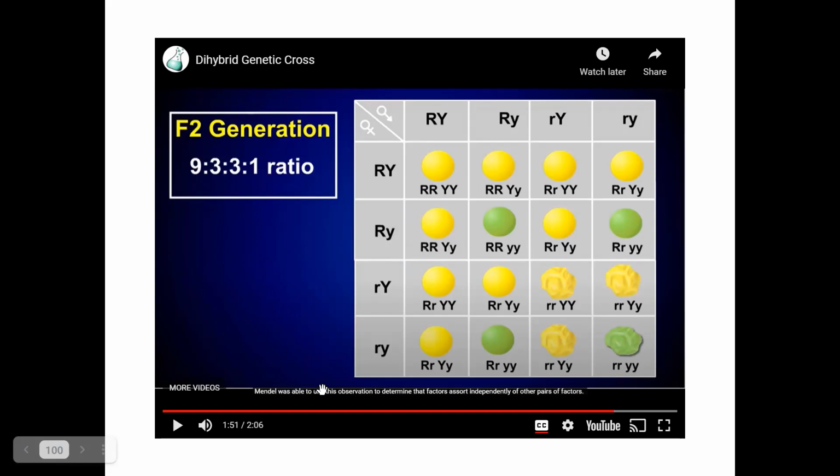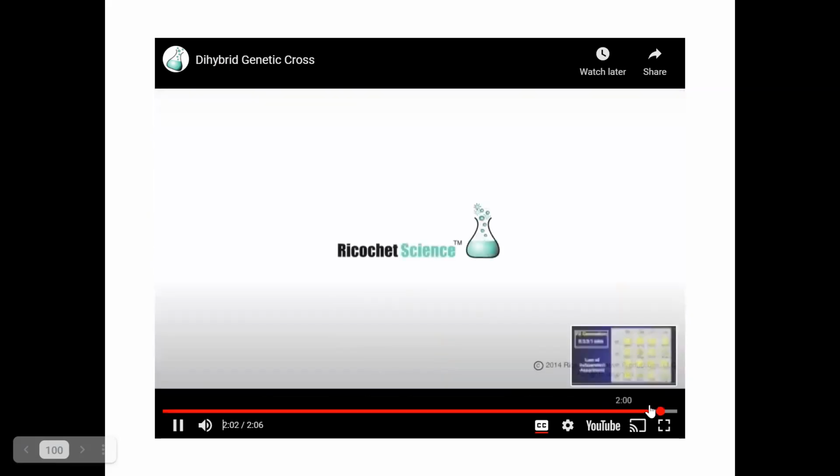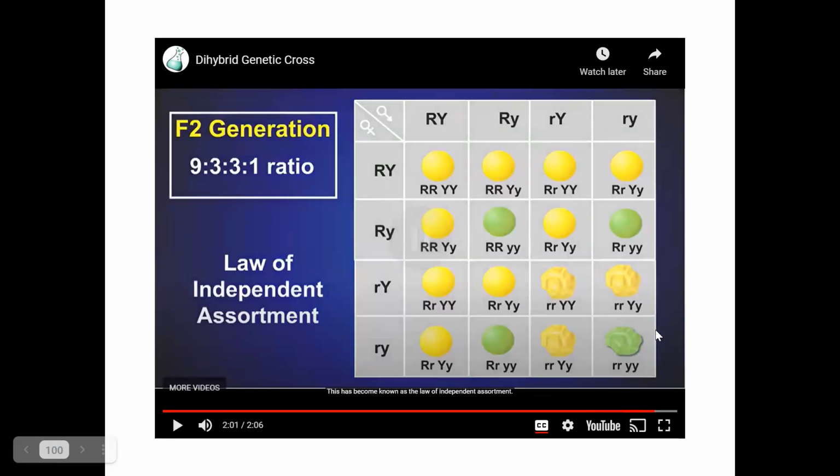Mendel was able to use this observation to determine that factors are sorted independently of each other or other pairs of factors. This has come to be known as the law of independent assortment.